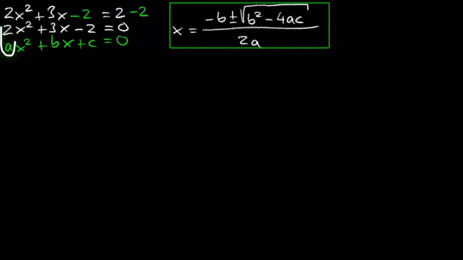The a, which we have to plug into the quadratic formula, is the 2 in front of the x squared. The b, which we have to plug into the quadratic formula, is the 3, which is in front of the x.